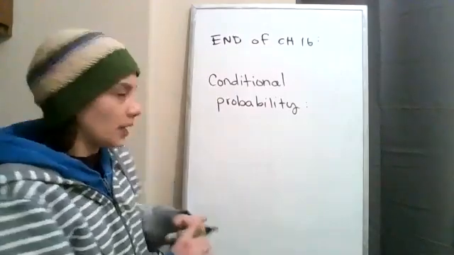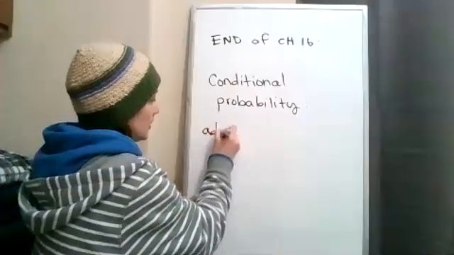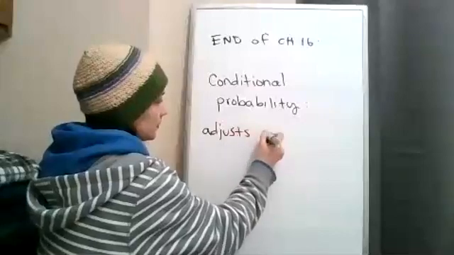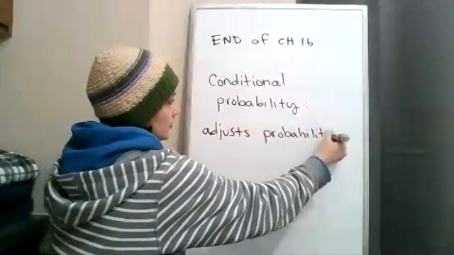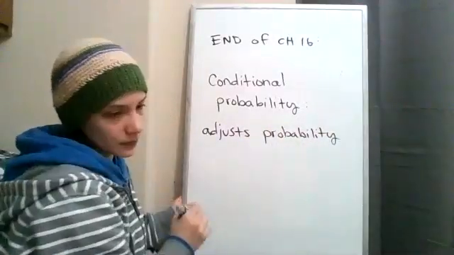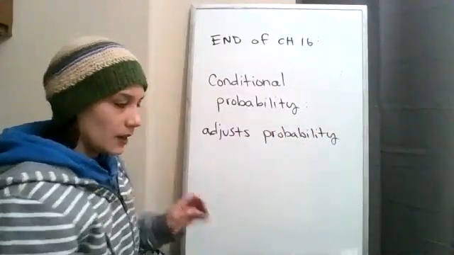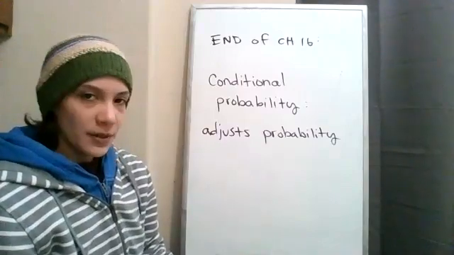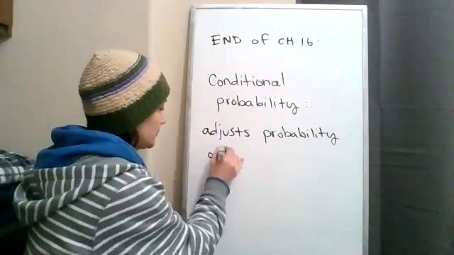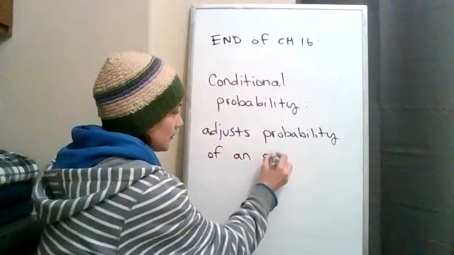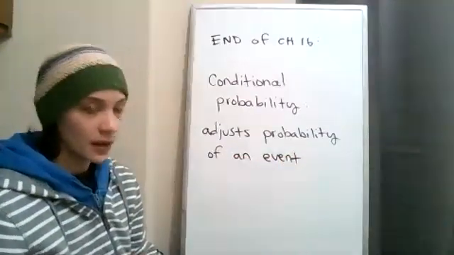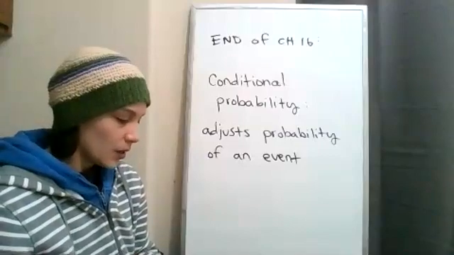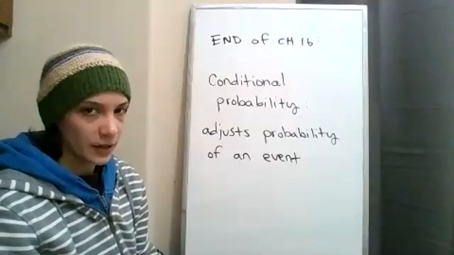So this will adjust the probability of an event based on information from another event that has already occurred.